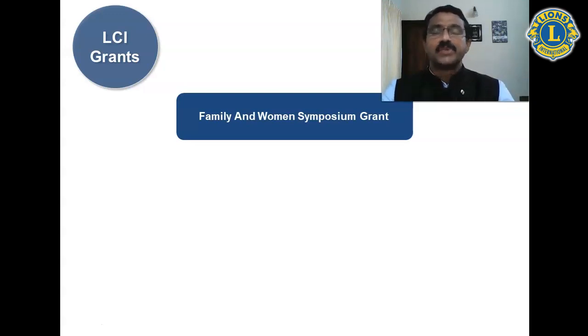As the name indicates, the Symposium grant is intended to support community-based symposiums to identify ideal community service projects which are of interest to family and women members, to promote the club in the community, to identify potential family and women members, and to start or to charter a new club or a club branch program in the community. And the ultimate result will be family and women membership development.